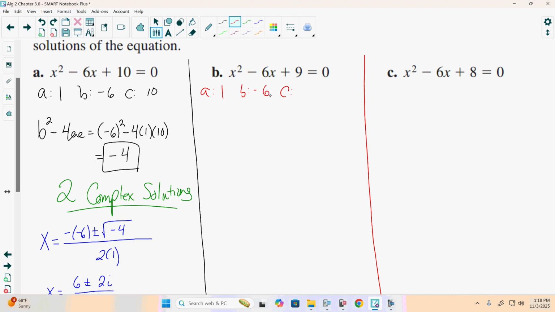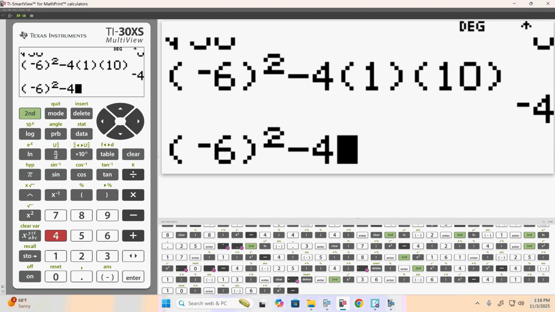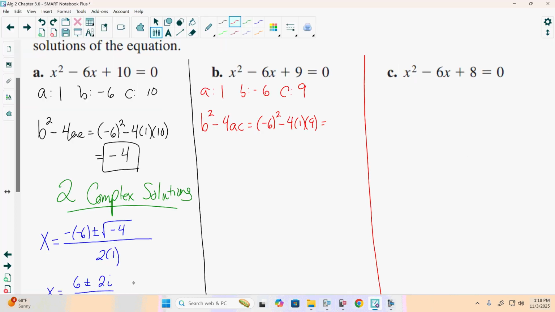If we look at the middle one, a is still 1, b is still negative 6, but c is 9. If we plug this next one in, doing the same thing, we get that the value is 0, telling me that I have 1 real solution.